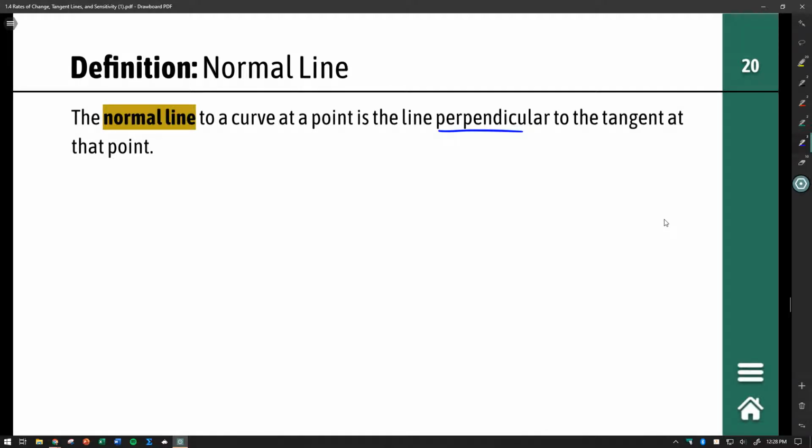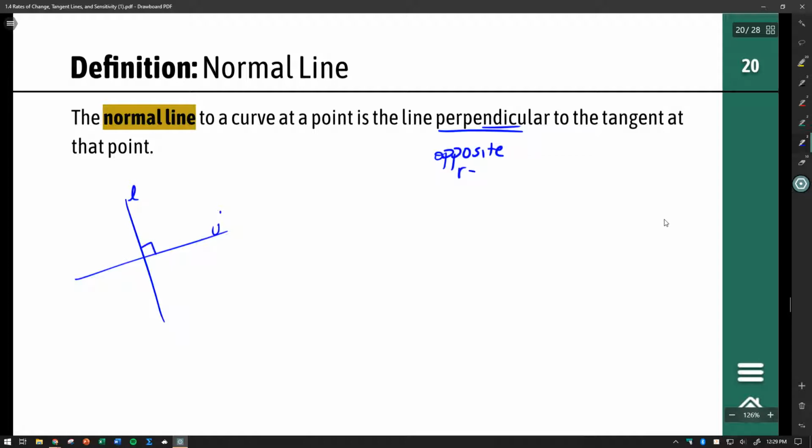So let's review perpendicular again. First, graphically, if this is some line L, the perpendicular to that line, let's call it J, intersects line L at a right angle. That's the perpendicular. Also, the slope of the line that's perpendicular to the other one, what a normal line is, has the opposite reciprocal slope.